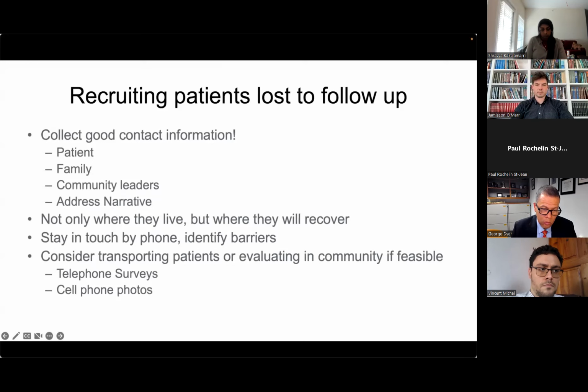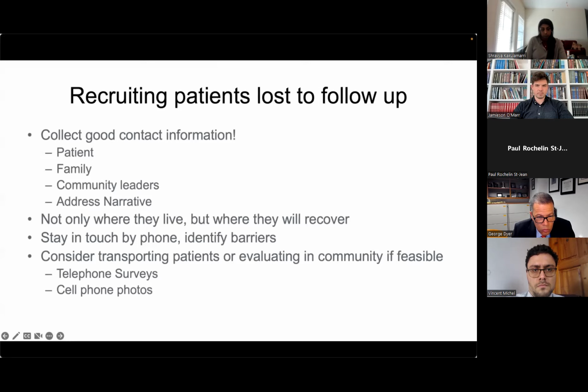Staying in touch by phone and identifying potential barriers as they come up, and considering transporting patients or providing them a stipend for transfer back if they're coming from a distance. Are there ways in which we may be able to leverage technologies like cell phone photos and telephone surveys that may be valid surrogates for the outcomes that we're interested in collecting on these patients?